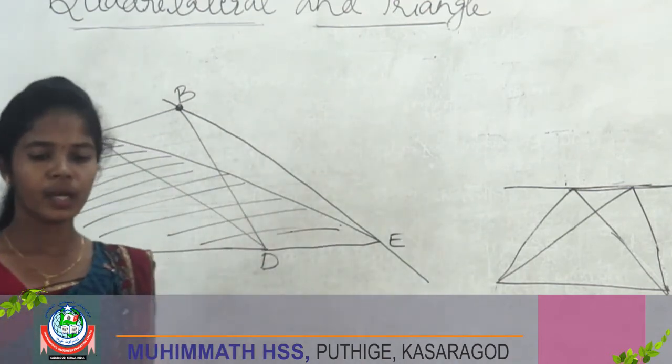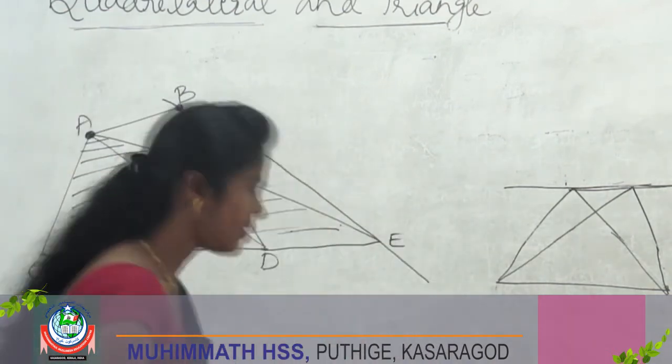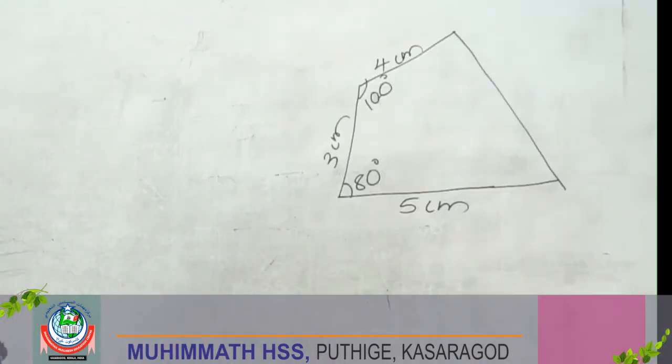Clear? Now listen, in your textbook there is a question. Question is, draw the two quadrilaterals shown below in your notebook, draw triangles of the same area and calculate the areas.